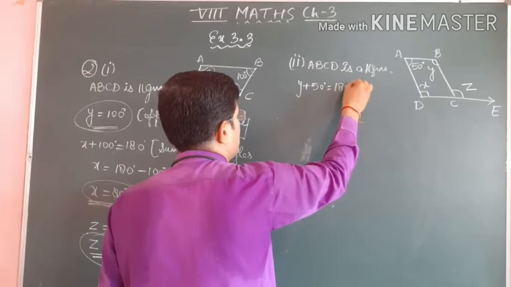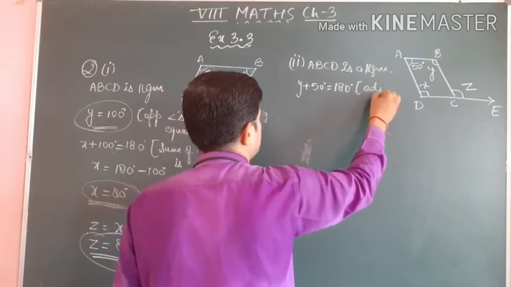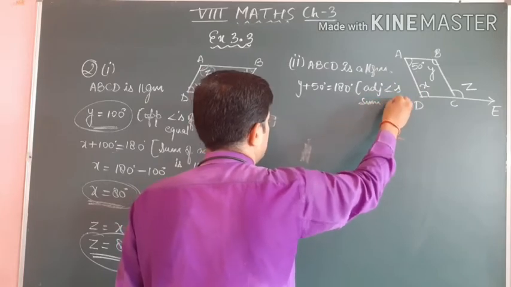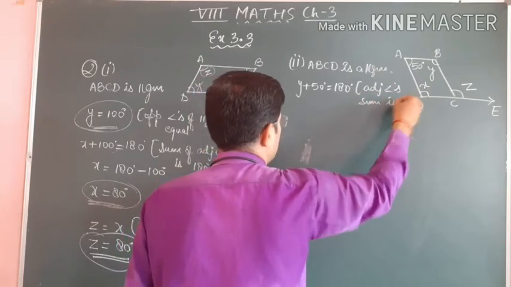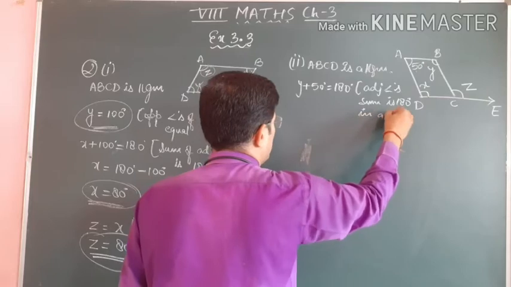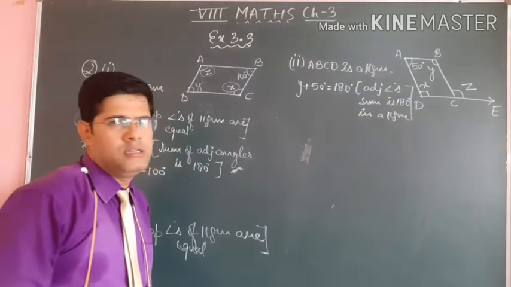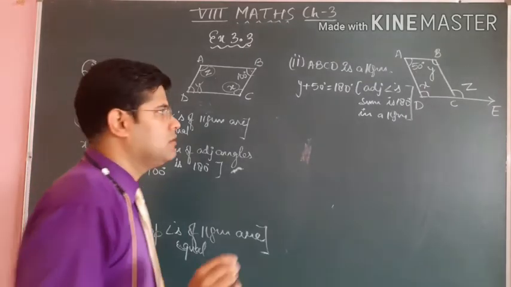Why do we write that 180? Because the sum of adjacent angles is 180 in a parallelogram. You can change the language of the statement, but you have to write that concept also.